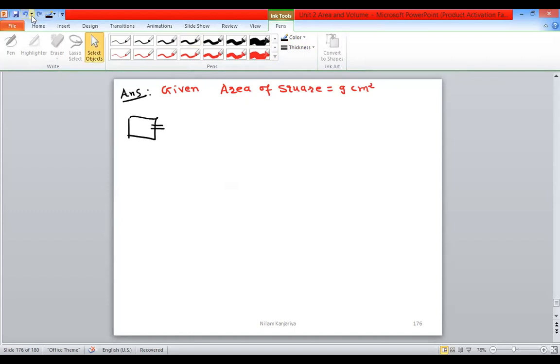I give the name of side as S. So the formula of the area of square becomes S square is equal to 9 centimeter square. I need just the length of side, S. So square is converted into the square root, and centimeter into centimeter. So S is equal to 3 centimeter, student. So I got the length of side.